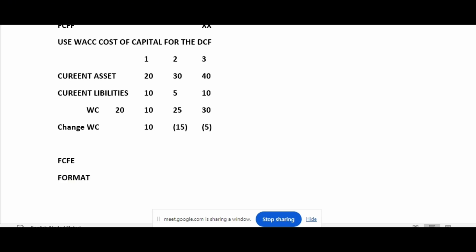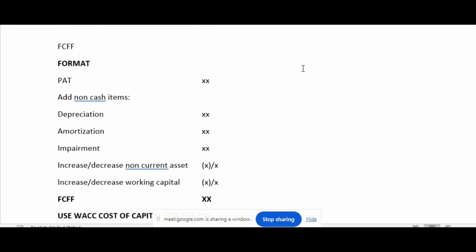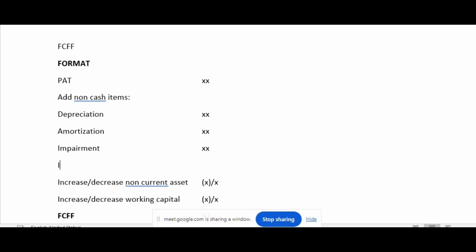Class, I'll give you the format. The only difference between the free cash flow to the firm and to equity is I omitted something here and nobody mentioned it to me. Interest. Interest net is a non-cash item.